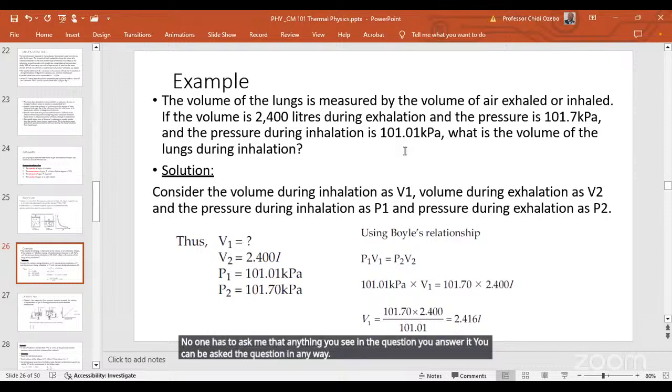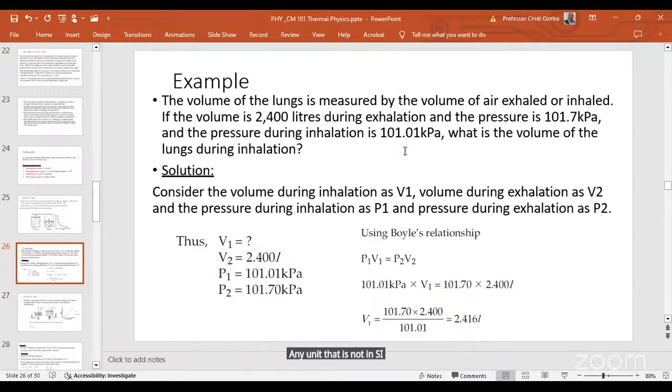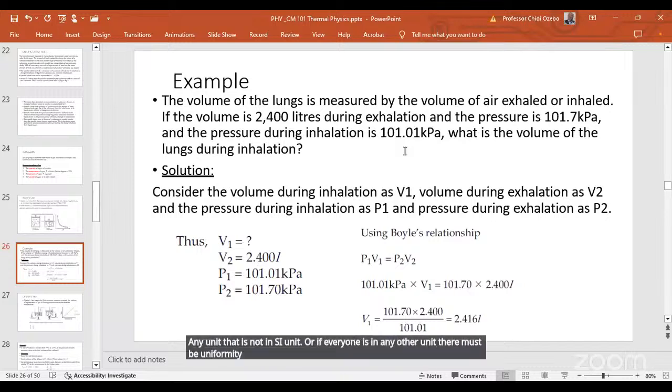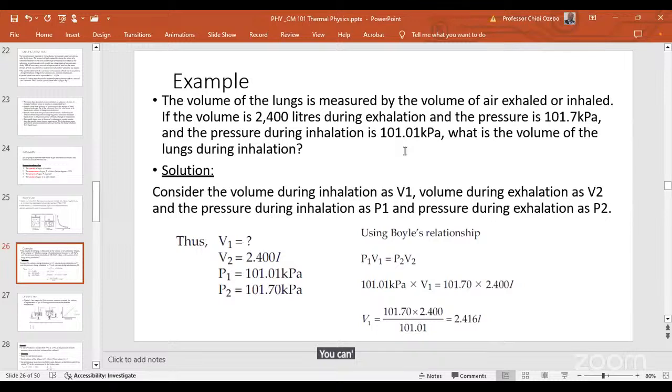You as a physics student or as a science student should know that you have to convert any unit that is not in SI unit. There must be uniformity in the units. You can't solve with some parameters in gram and others in kilonewton.